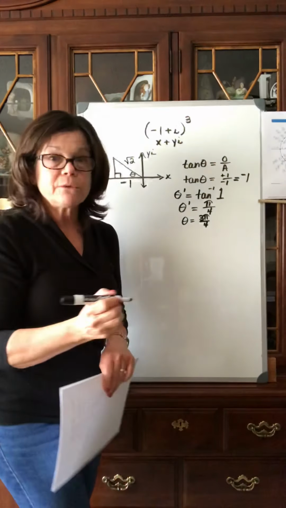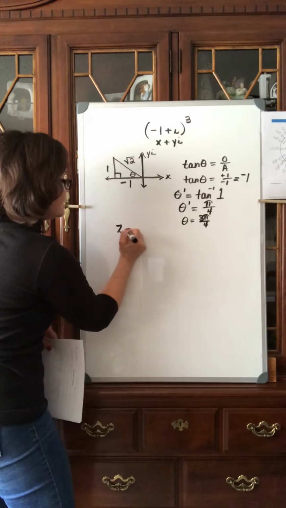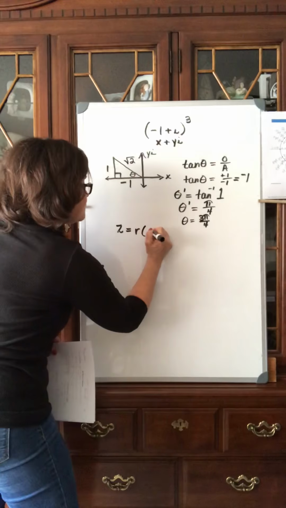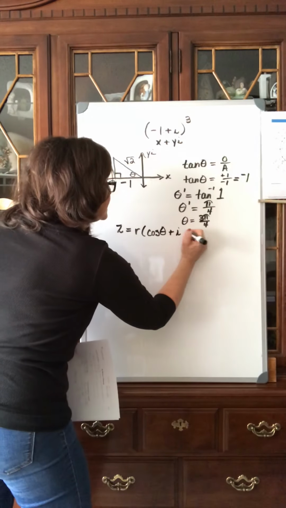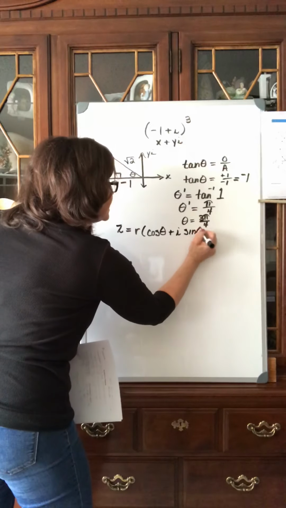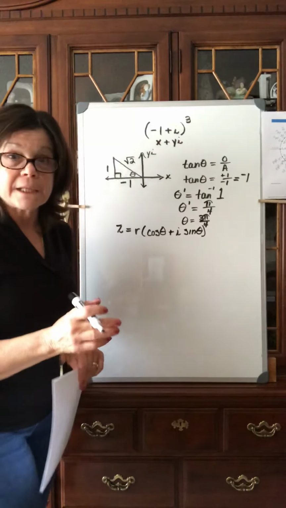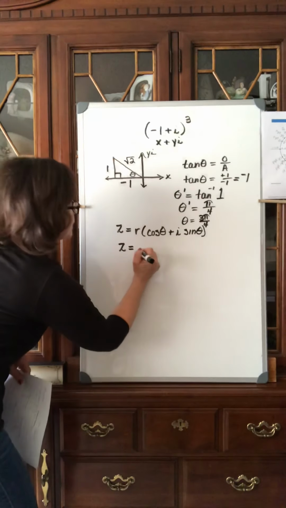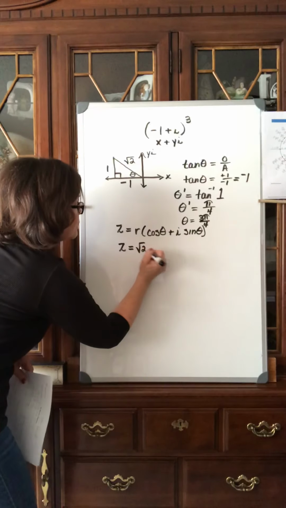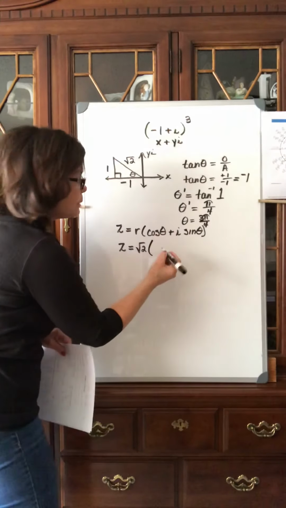Okay, the formula for trig form of a complex number, z is equal to r times the cosine of theta plus I times the sine of theta. So the trig form of the complex number -1 plus I, r is the square root of 2, and then our theta, once we rotated it into quadrant 2, is 3 pi over 4.